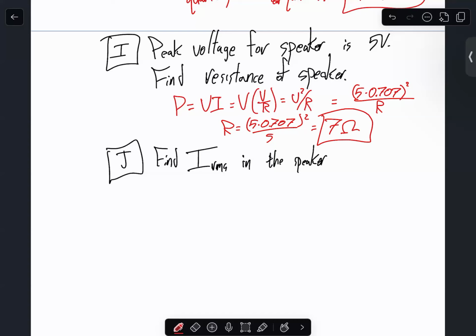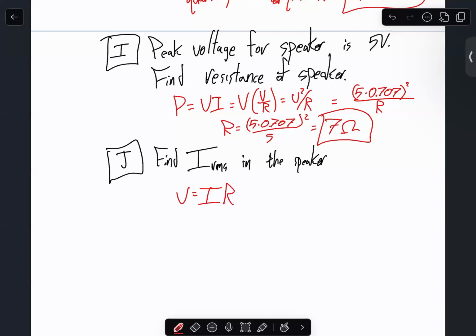Remember this? When you're using power with alternating current, you can use the old equations, but you have to use RMS. Okay, now you've got the peak value of the voltage is 5 volts. I've got the resistance. I would like to use V equals IR.